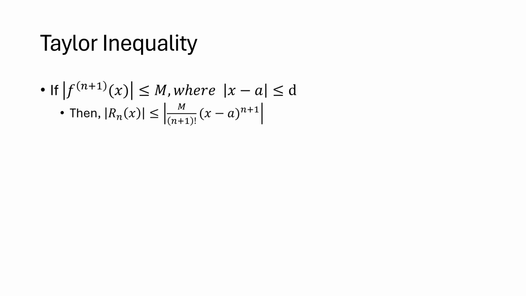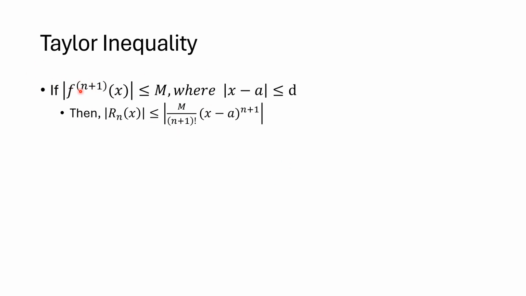I want to show you another cool way of finding the remainder or the error. It's the Taylor inequality, which is also sometimes called the Lagrange error bound. And basically, this is very similar to the Lagrange remainder, with the exception being here that to approximate the remainder, we're bounding the n plus 1 derivative of f of x, right?